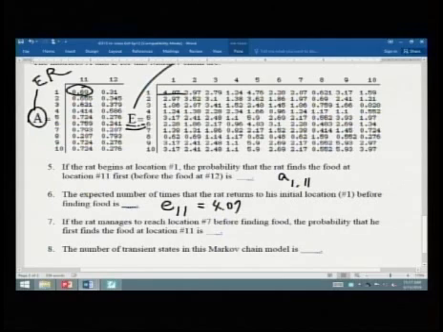But in this case, you have to be careful. This value 4.07 also includes the initial visit, because it started from location number 1. So you need to subtract 1. The answer should be 3.07, not 4.07.